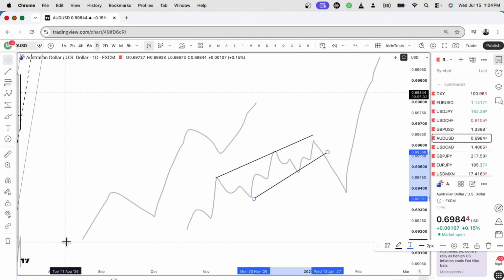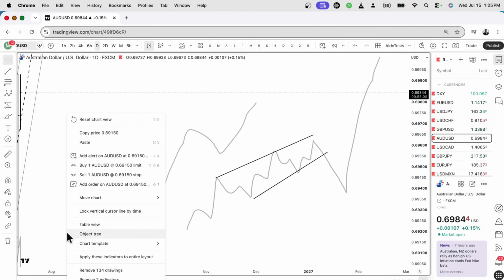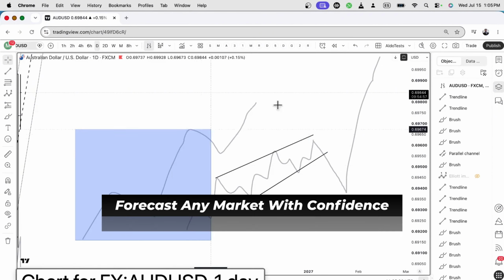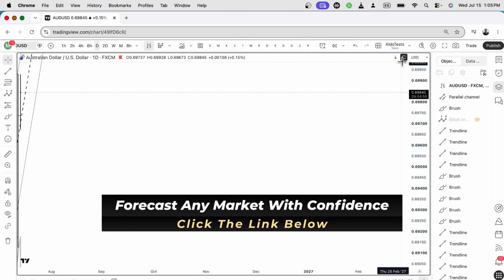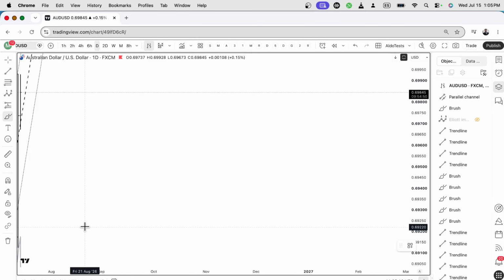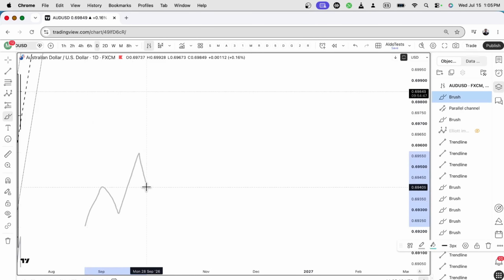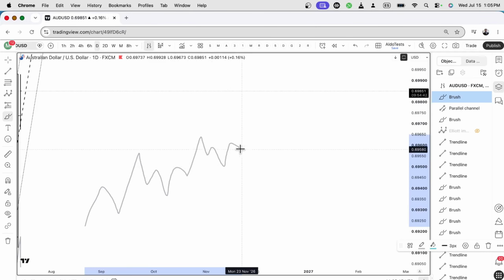So the problem with a diagonal is that because they move in 3, each component of the diagonal moves in 3, not in 5, it's very easy to conclude that, well, even though they are moving in the direction of probably a new trend, they look very corrective because they don't develop impulsively.